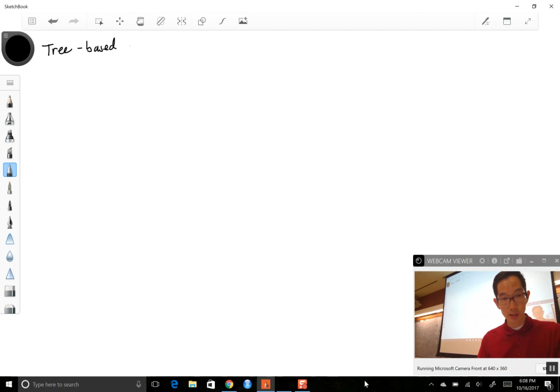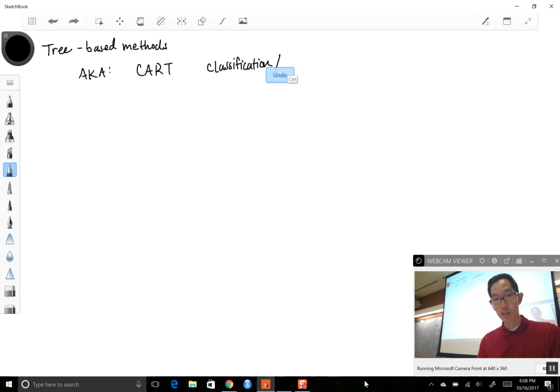Tree-based methods, also known as CART, for classification and regression trees.